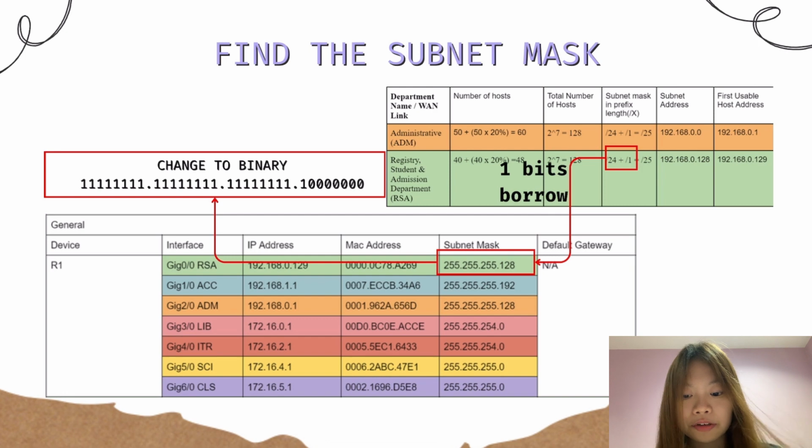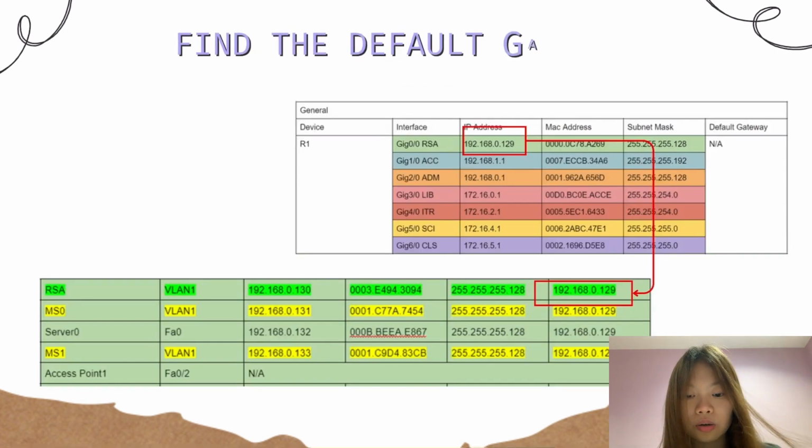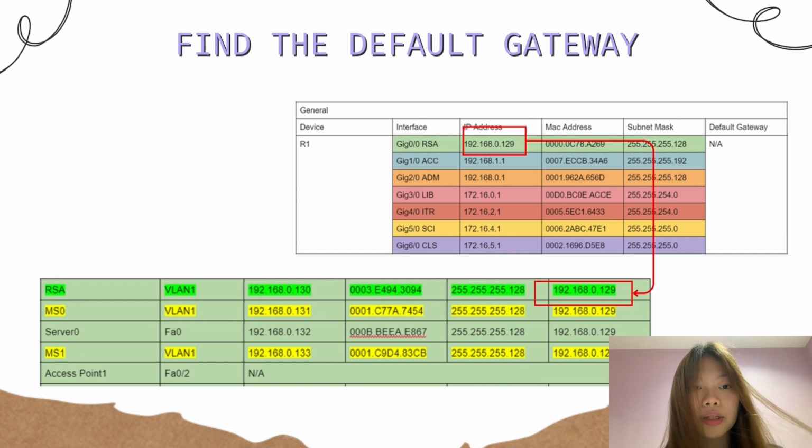So it changes to binary like this. After borrowing 1 bit from the subnet mask in prefix length, the subnet mask of the router interface is 255.255.255.128.